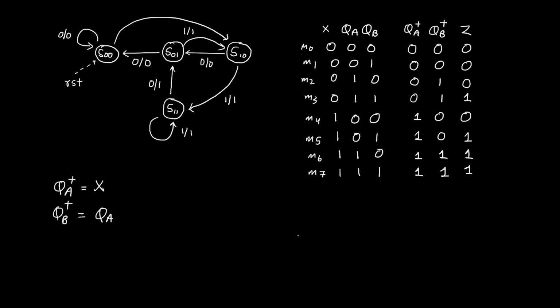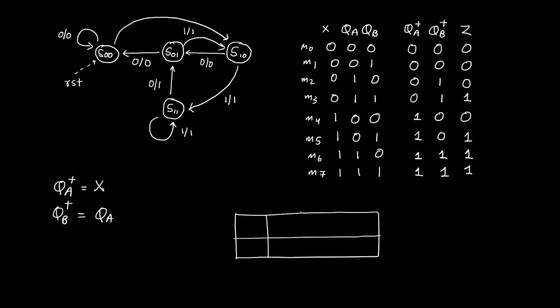And finally for our output Z, again with the same variables, my minterms are 3, 5, 6, 7.